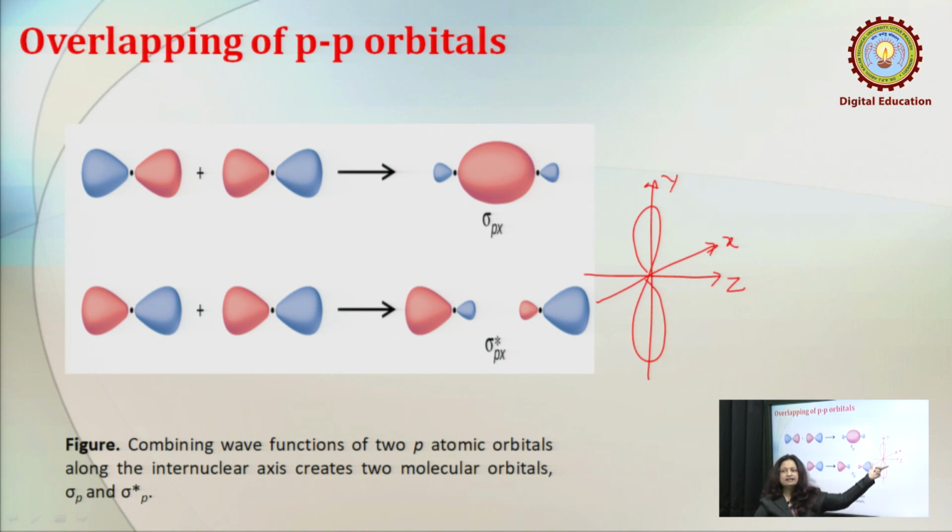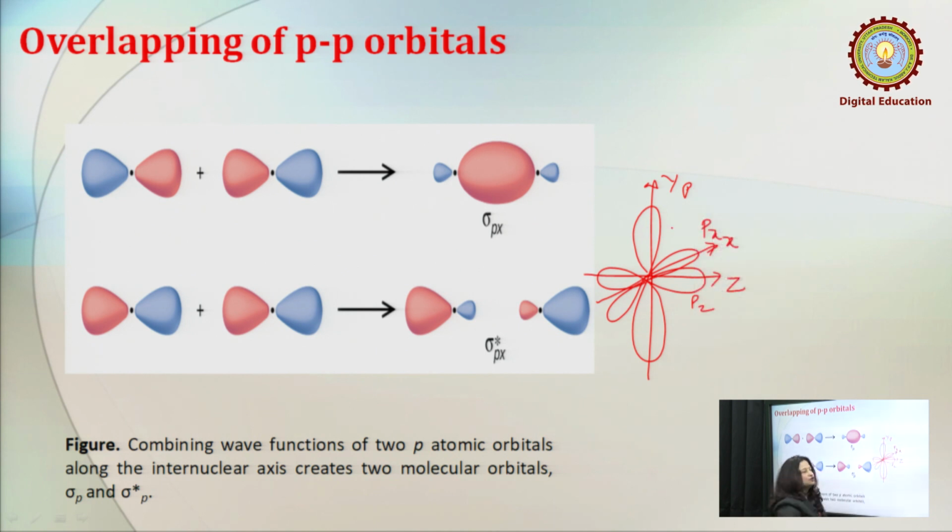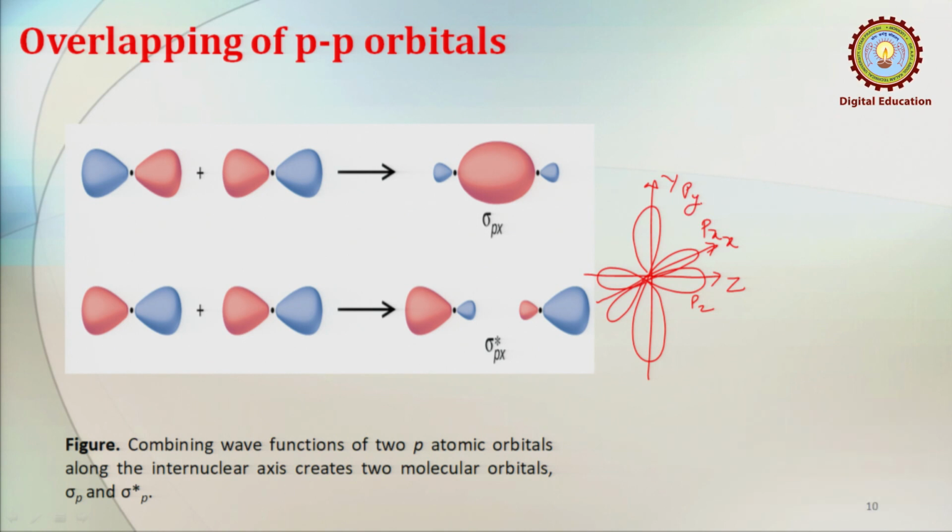Now, considering z axis as the molecular axis, there is one p orbital, this is pz. There is another p orbital perpendicular to it, this is px, and similarly this is py, right. So, here you can see that there are 3 p orbitals, px, py and pz.